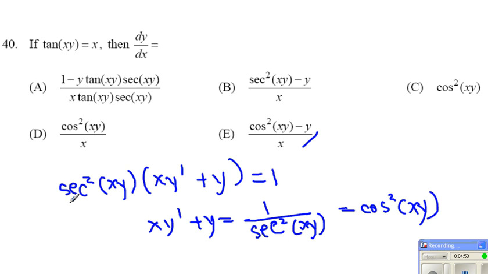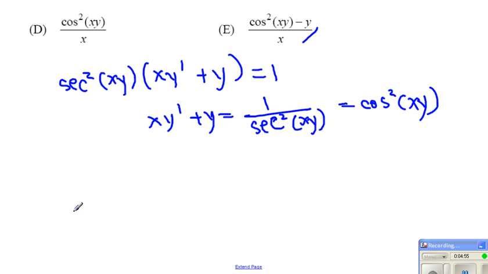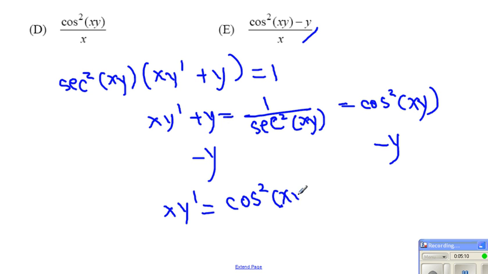Now, in order for us to have y prime by itself, all we have to do is simply subtract y, and we get x y prime is equal to cosine squared of xy minus y.